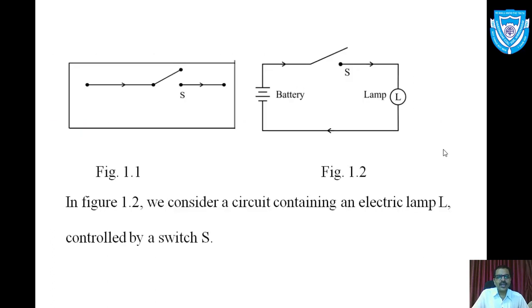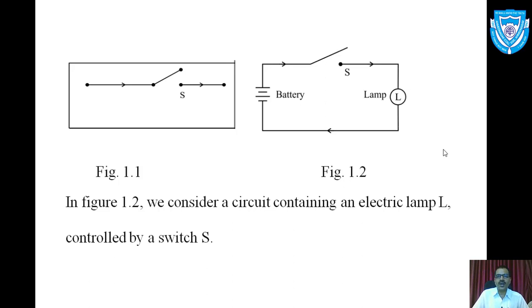Now, figure 1.1 and figure 1.2 you can observe. In figure 1.1, the picture form of a switch is given to you, while in the second figure 1.2, the electric circuit is in front of you. In figure 1.2, we consider a circuit containing electric lamp L controlled by switch S. Figure 1.2 contains a switch, a battery as well as a lamp.